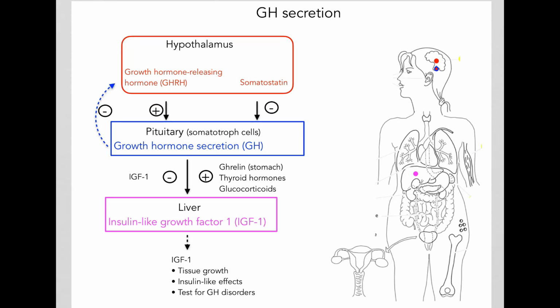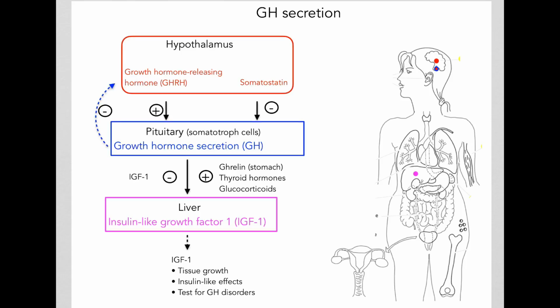Growth hormone will then go to the liver and it will stimulate the secretion of this protein called insulin-like growth factor 1 or IGF-1. And IGF-1 has several effects. It increases tissue growth, it has insulin-like effects, and it's also a very important test for growth hormone disorders that we use clinically.